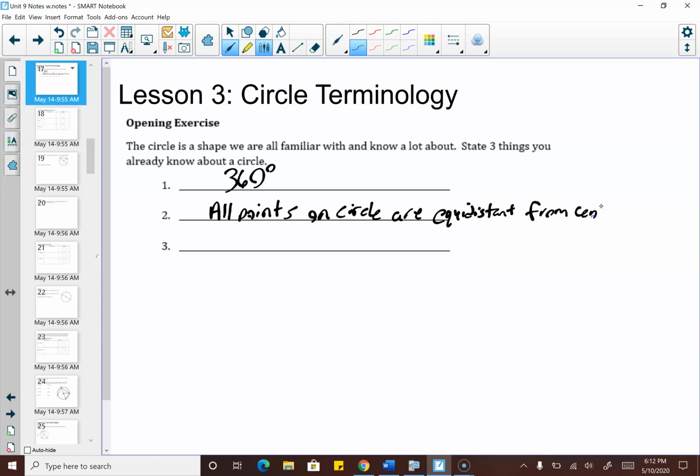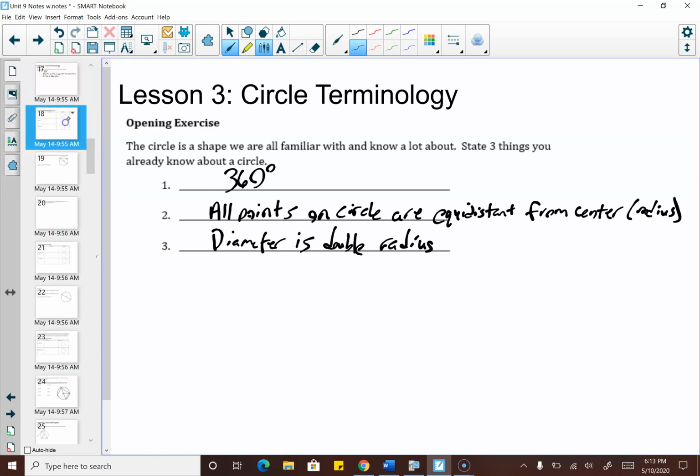All right, and that big long definition has a word, and that's our radius. Okay, so all points on the circle are equidistant from the center, and then that the diameter is double the radius. Okay, so that's things that people usually come up with. And those are going to start to help us a little bit more as we go through this lesson.